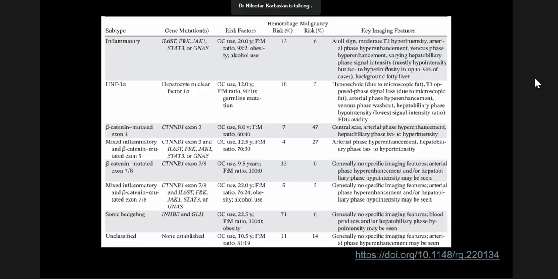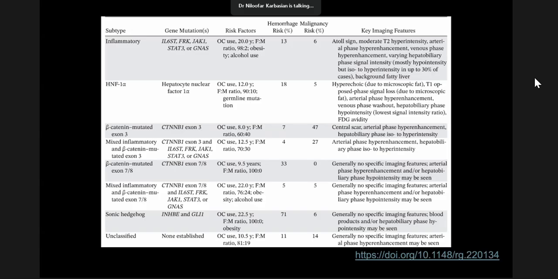As I already told you, when you look at an FNH, it is usually iso, but some adenomas could be hyper. Those mostly are the inflammatory subtype. The HNF1 mutated one I like the most because they are very easy to diagnose and they don't have a high risk of malignancy. It's just 5%, and low hemorrhagic risk as well when they're small. They're mostly associated with OCPs.